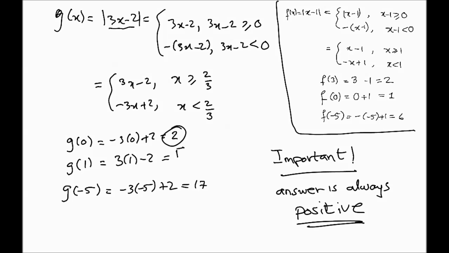Look at all these answers: positive, positive, positive, positive, positive, and this is positive. Please keep that in mind, that all the answers are going to be positive or 0. There'll never be a negative answer. So this is the definition of the absolute value function.